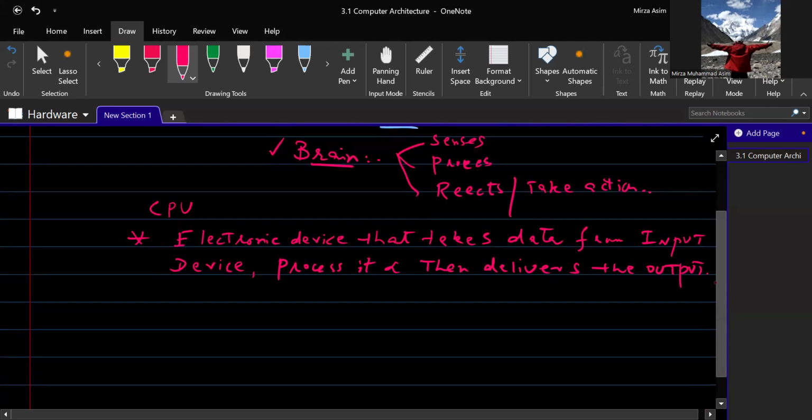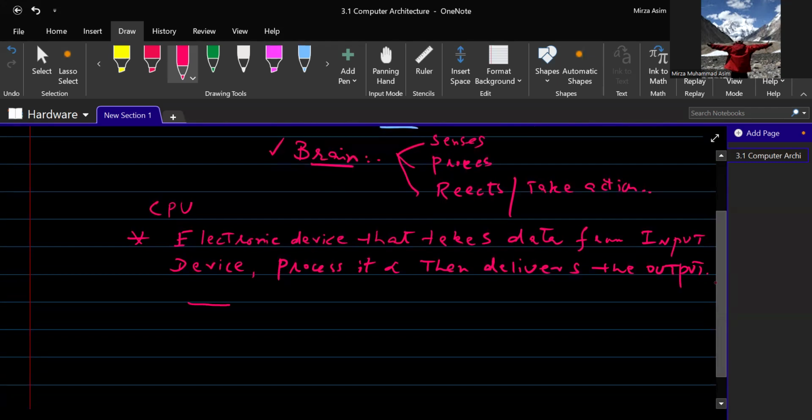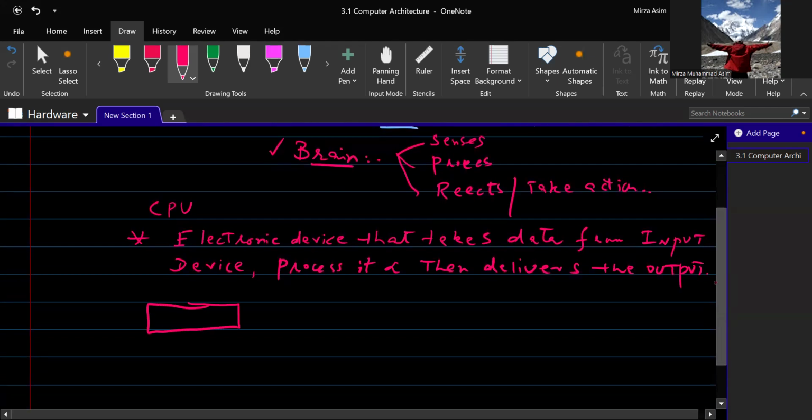So if I can make a very simple diagram, that is the input device. Input device can be anything, like a keyboard, a mouse, a game console controller; there are so many input devices.